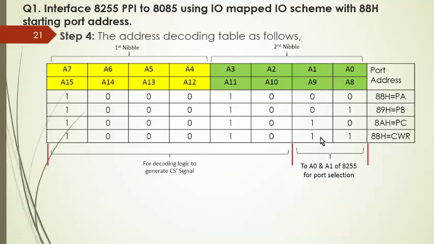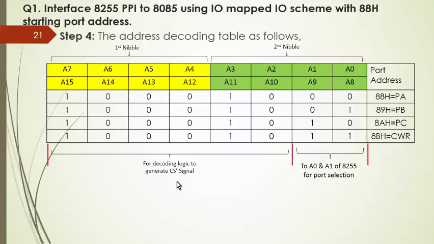Okay, so in the interfacing, A0 and A1 or A8 and A9 address lines we are going to use for port selection, and the remaining lines A2 to A7 or A10 to A15 we will use to generate the chip select signal.